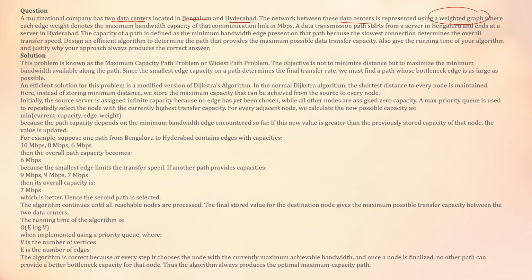Each edge weight denotes the maximum bandwidth capacity of that communication link in Mbps. A data transmission path starts from a server in Bangalore and ends at Hyderabad. The capacity is defined as the minimum bandwidth edge because the slowest connection determines the overall transfer speed. Design an efficient algorithm to determine the path to provide the maximum data transfer.